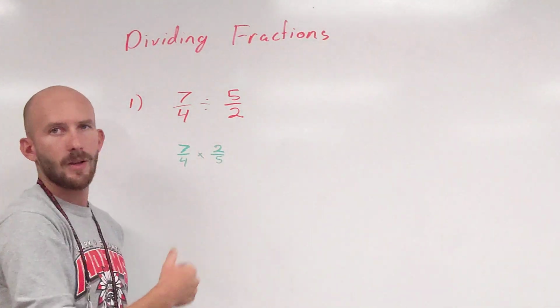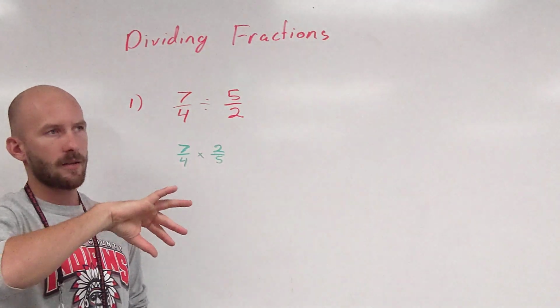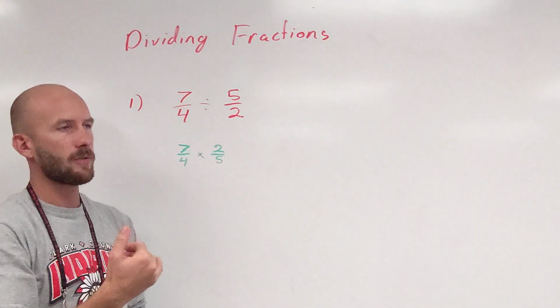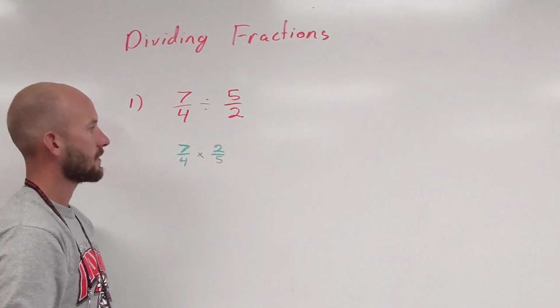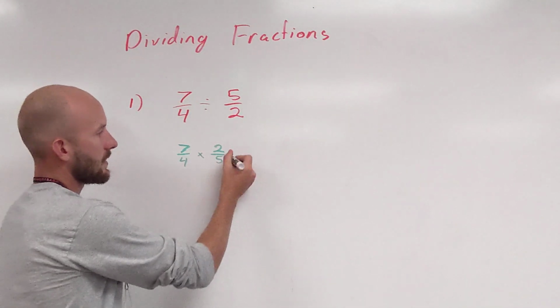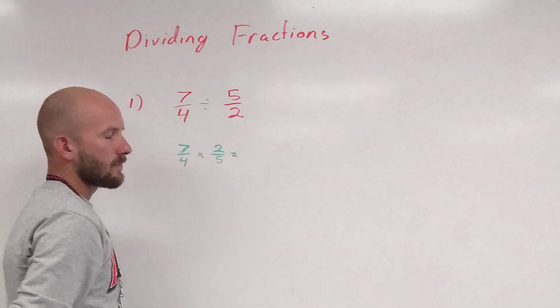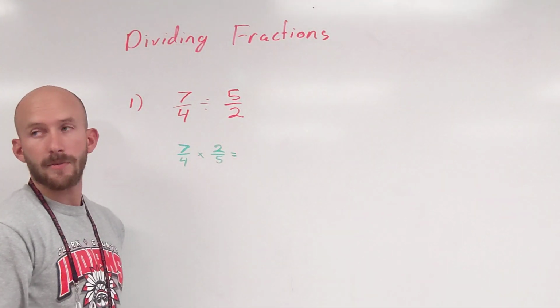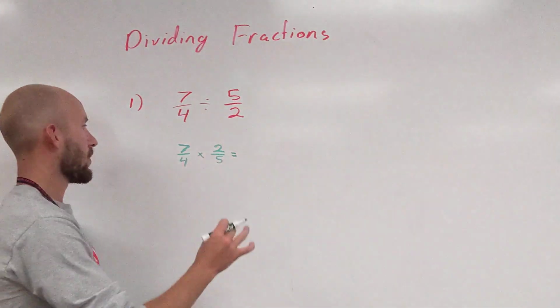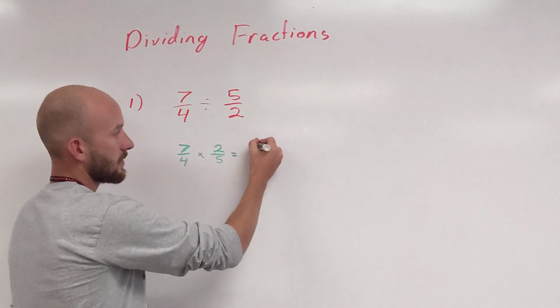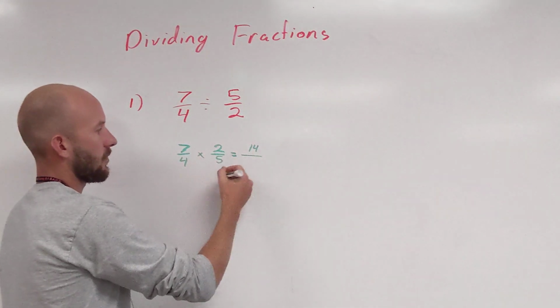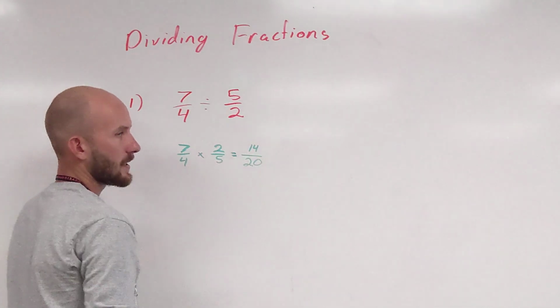And the reciprocal is just a fancy word that means flipped, for a fraction. Then, do you remember how to multiply fractions? Just straight across. 7 times 2 is 14. 4 times 5 is 20.